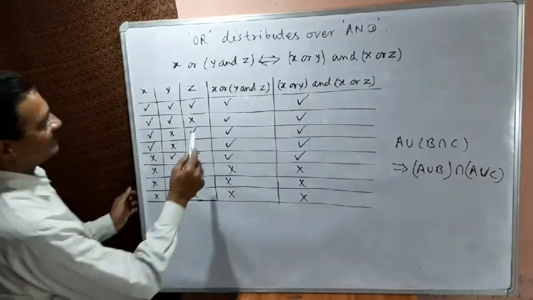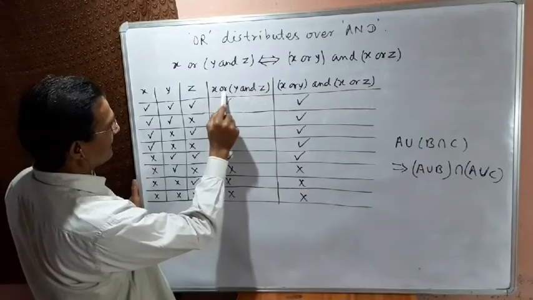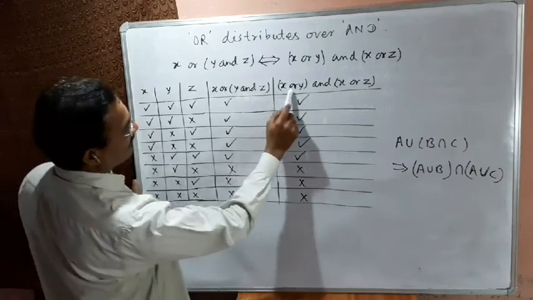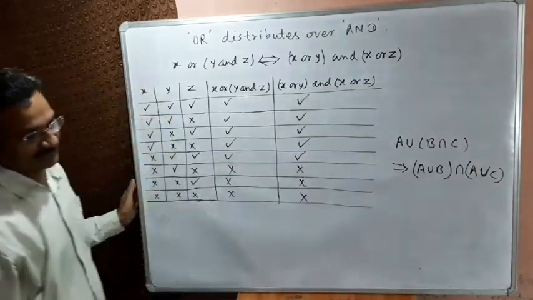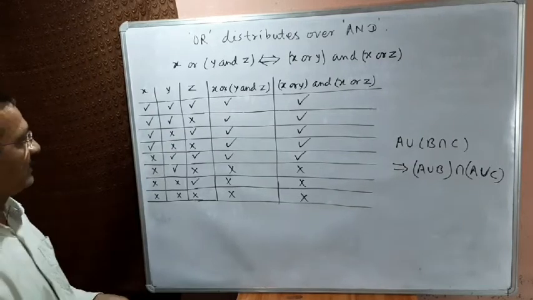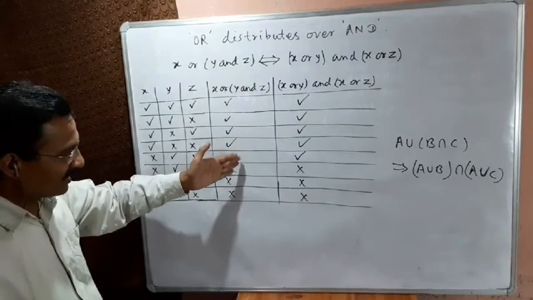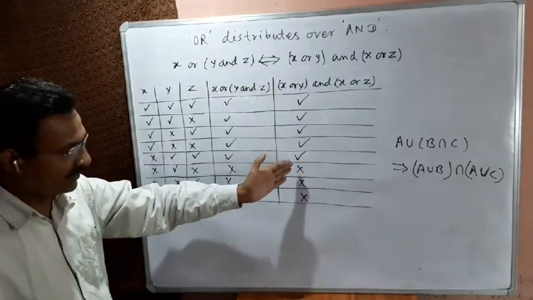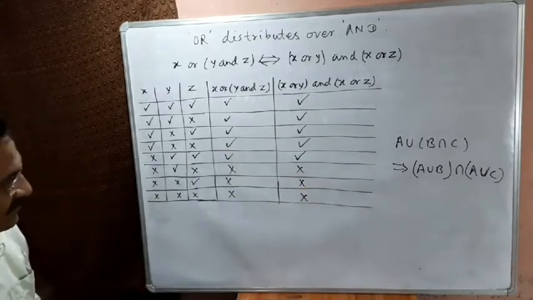Once you write the truth table of x and y or z, and here x and y, here or x and z, you will find that whenever the truth table in this column has a true value, this column will also have a true value, and if false, then this column is also false.